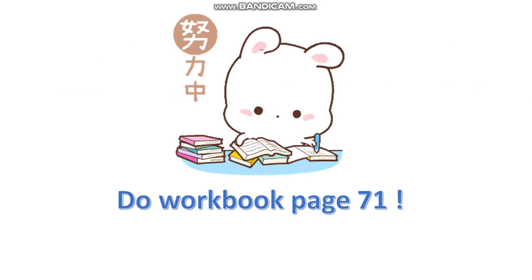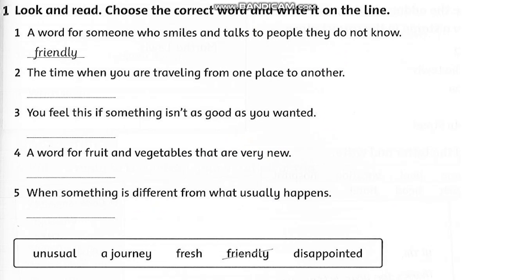Now open your workbook, page 71. You look and read, choose the correct word and write it on the line. Example number 2. The time when you are traveling from one place to another. Yes, it's a journey.